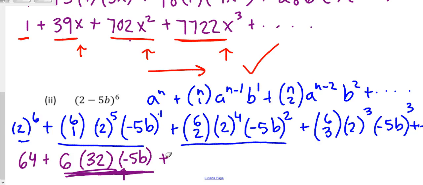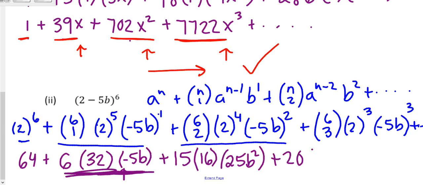Then we have plus 6 choose 2 is 15. 2 to the 4th is 16. And negative 5b squared is a positive 25b squared. Plus our last term, we have 6 choose 3, which is 20. 2 cubed is 8.